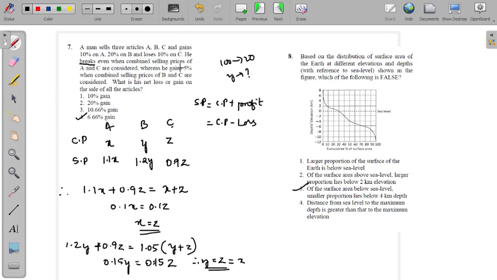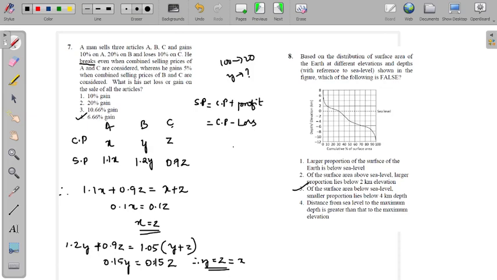Similarly, the next condition is that he gains 5% when the combined selling prices of B and C are considered. The selling price of B and C together is 1.2y plus 0.9z. He gains, which means there is a profit of 5% on the cost price. The cost price of B and C will be y plus z.